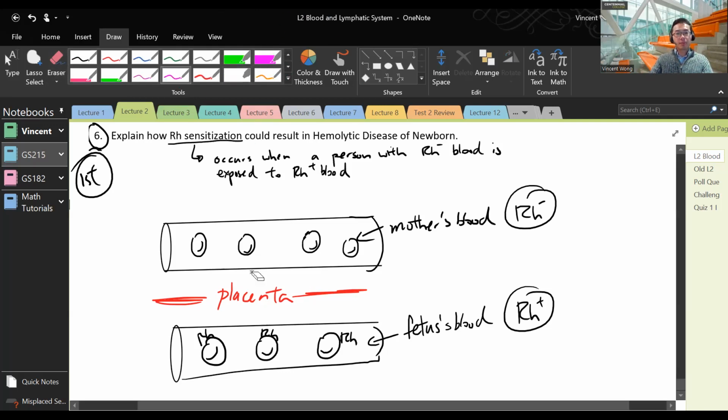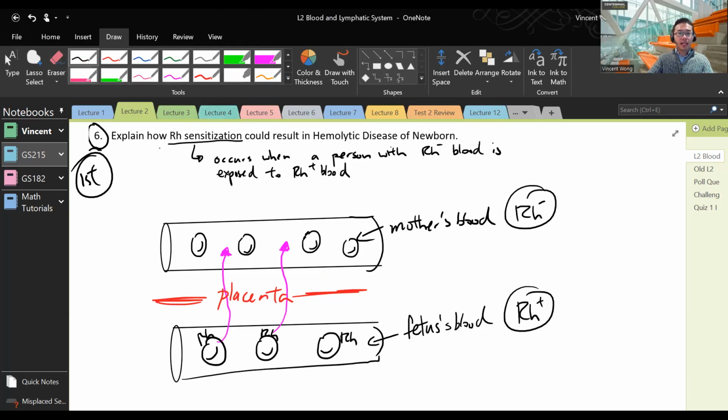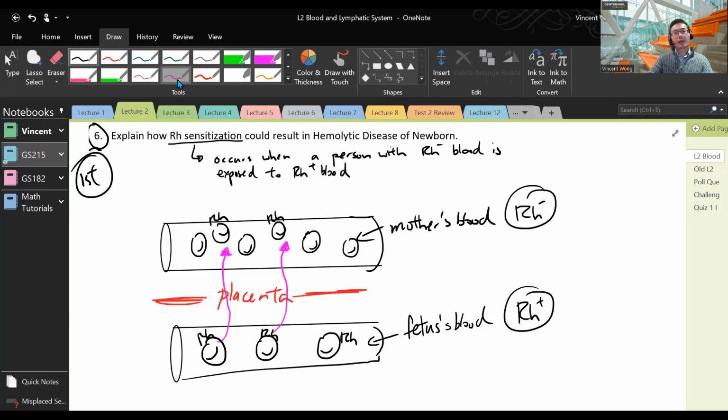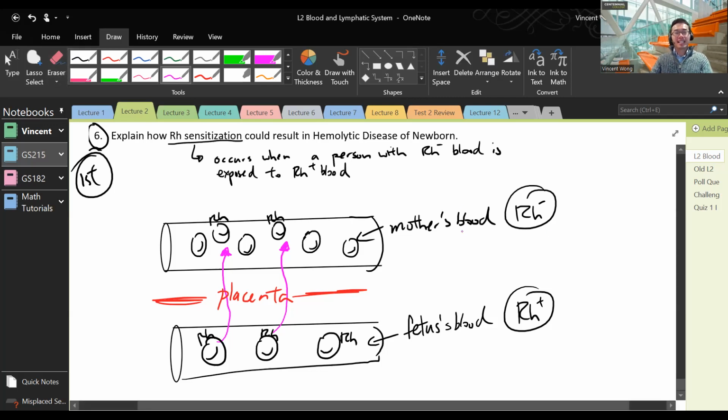And because of that, the fetal blood is now able to enter the mother's bloodstream. So the mother who is Rh negative all of a sudden has been exposed to Rh positive blood. Now the mother has become sensitized.